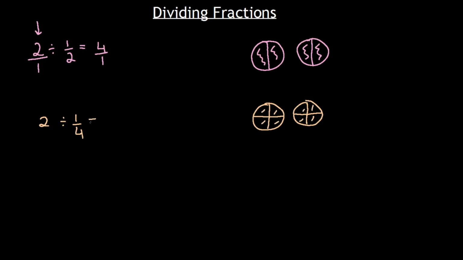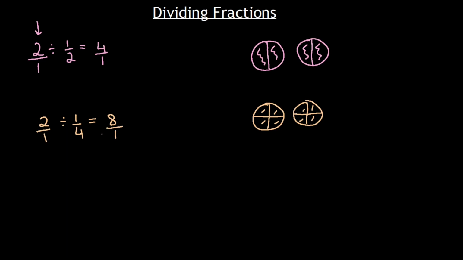So that makes 8. But then the question remains, how are we going from the left-hand side to the right-hand side? What's happening? So let's again convert them to fractions. They're exactly the same, just written as a fraction.